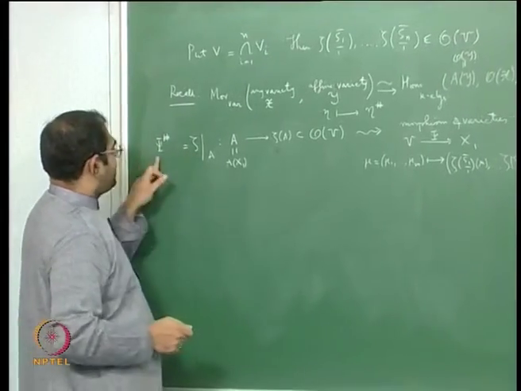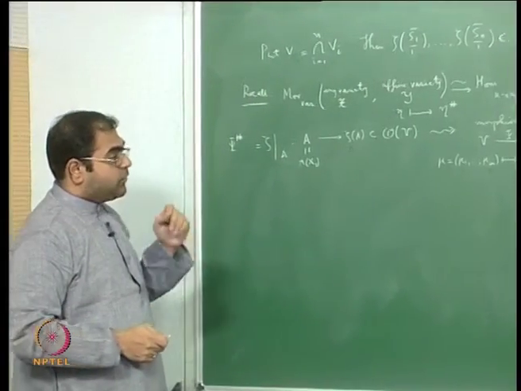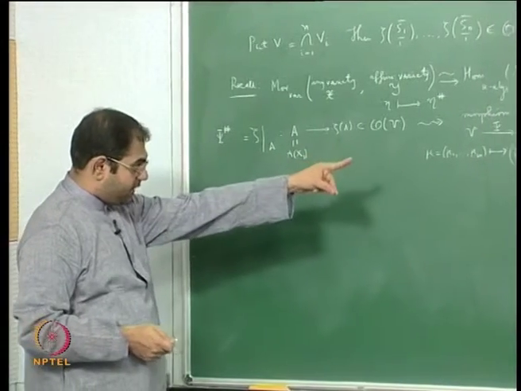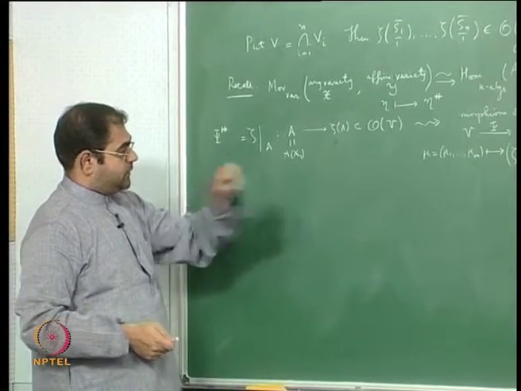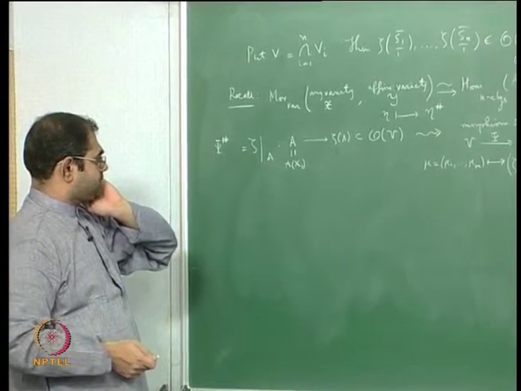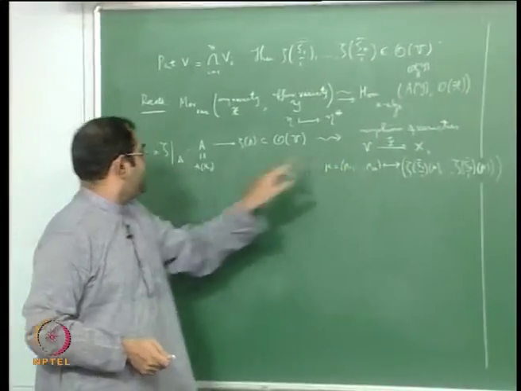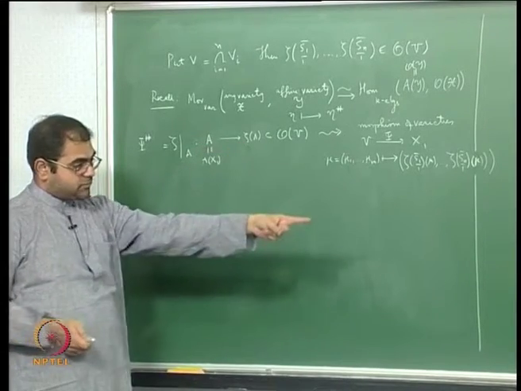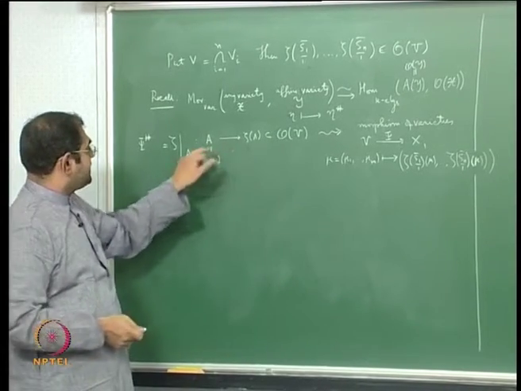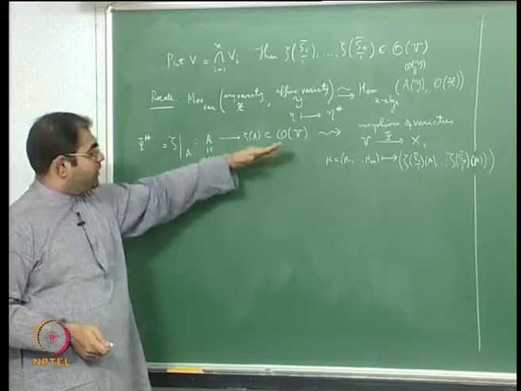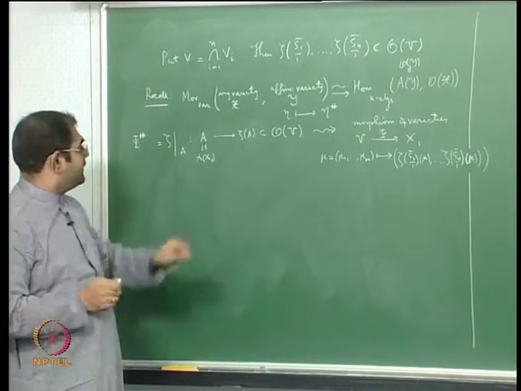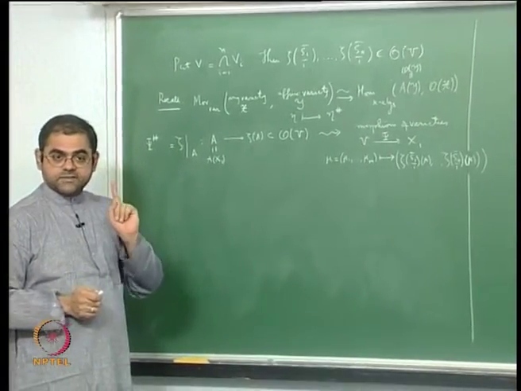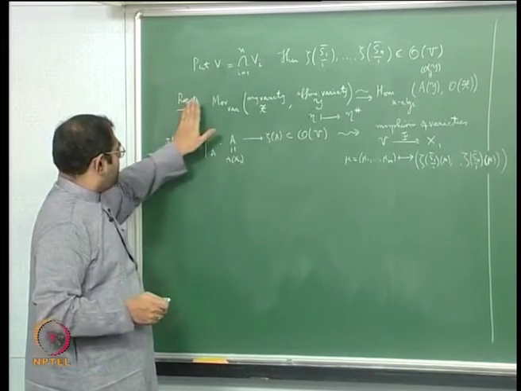So this zeta restricted to A is psi hash, and what you must remember is that this psi induces psi hash is zeta, and mind you this zeta is part of an isomorphism at the quotient field level. This zeta from A to OV, if I go to the quotient field level, it's an isomorphism. That's something that you should not forget.